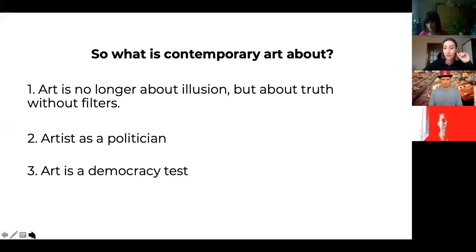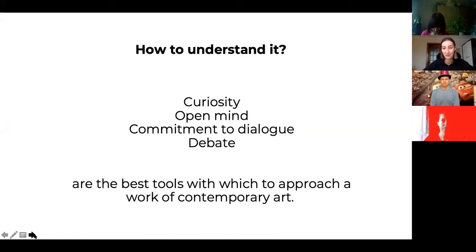And what's interesting, art is a democracy test. There have been researches showing that in countries where contemporary art is developed, societies are more tolerant. And how to understand it? Just a short answer: be curious, be open-minded, debate, and think about it.